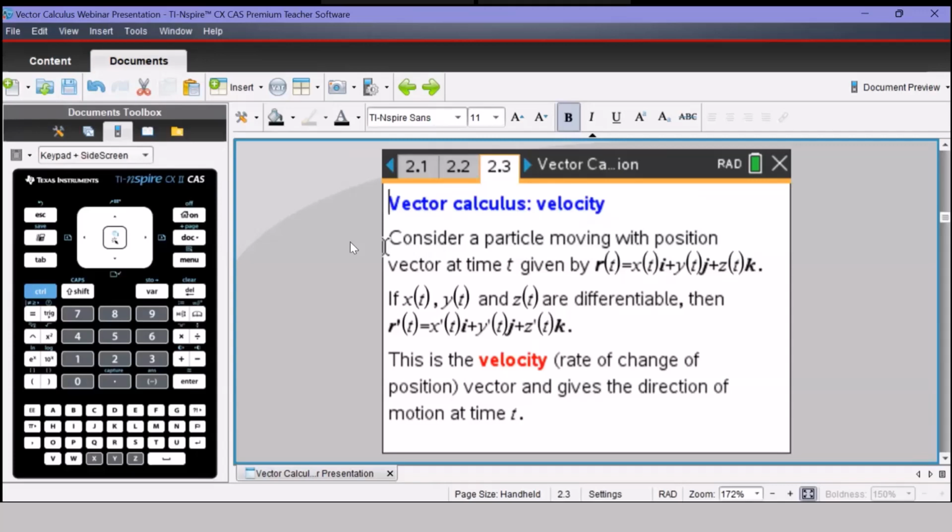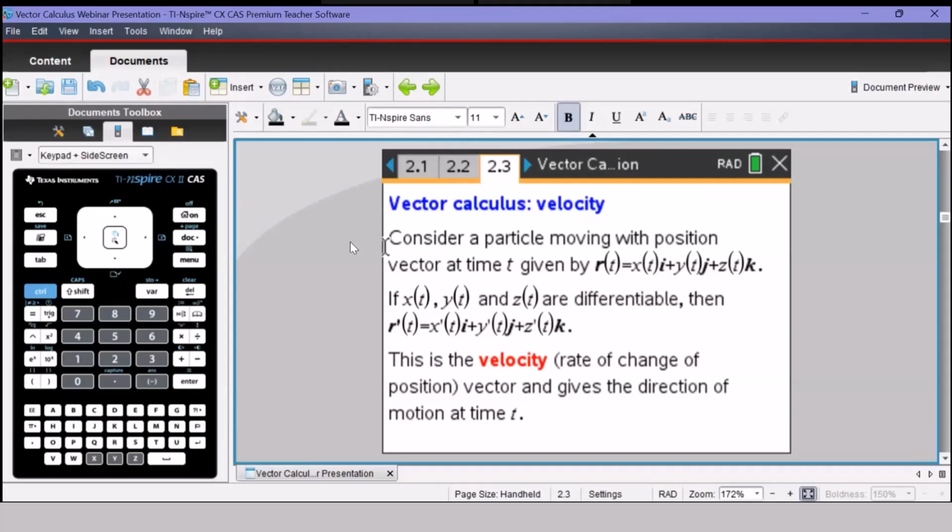In the textbook, you might see dots which use Newtonian notation for the derivative. So here, the velocity r dashed of t is given by x dashed of t i plus y dashed of t j plus z dashed of t k.